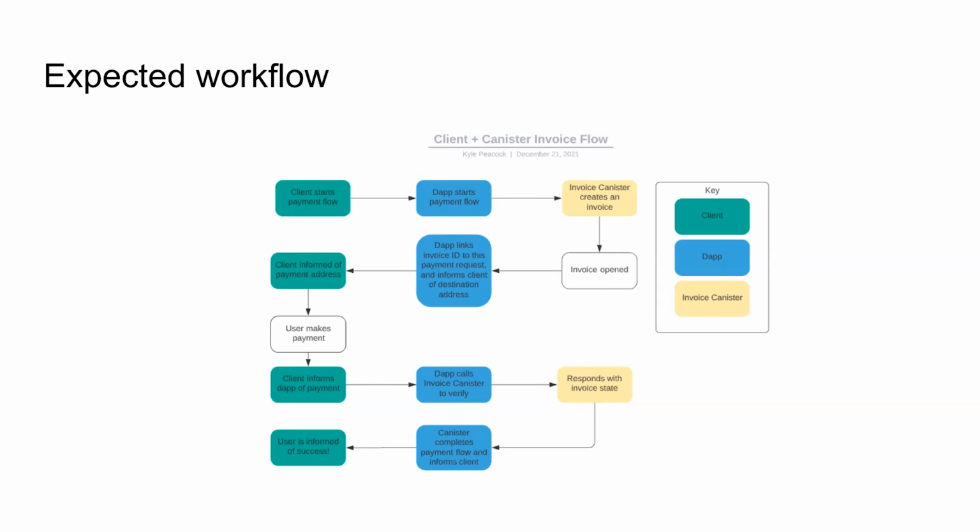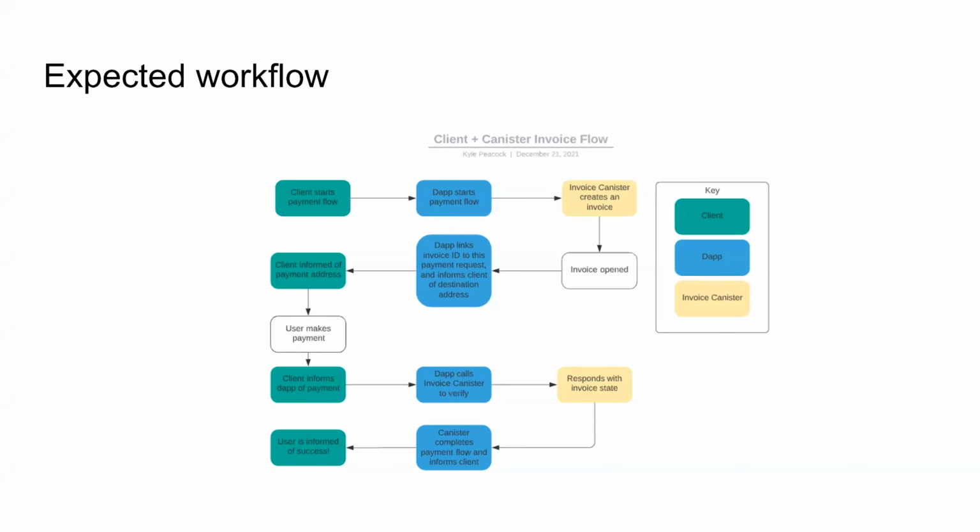The dapp will kick off the payment flow by speaking to the Invoice Canister, getting back an invoice, which will contain an invoice ID as well as a destination address. The dapp can then communicate this to the front end. The user can make a payment either by going to their preferred wallet, or if they have some existing balance in the application, that can be abstracted from even the UI.